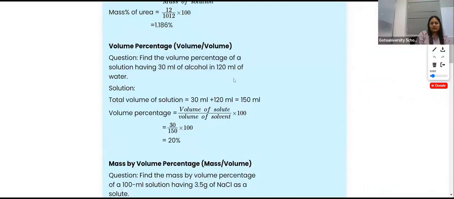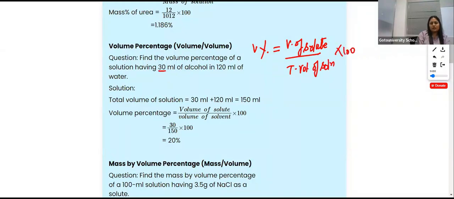Find the volume percentage of a solution having 30 ml of alcohol, which is a liquid, in 120 ml of water, which is again a liquid. What is the formula for volume percentage? Volume percentage is volume of solute by total volume of solution, and multiply by 100.